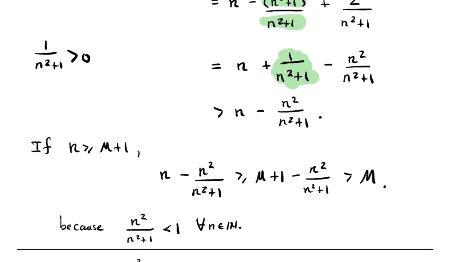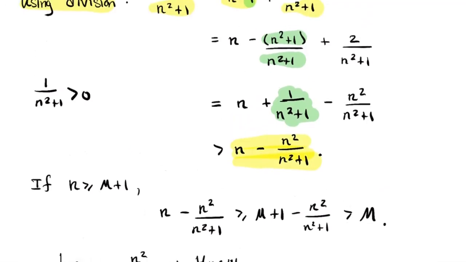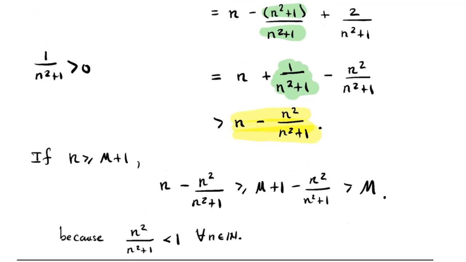Now I'm looking at the remaining two terms. Remember, I'm trying to make this expression greater than or equal to this m. So I'm looking at this quantity over here, n squared over n squared plus 1, and I note that it's less than 1 for any n, because the numerator of that fraction is less than the denominator.